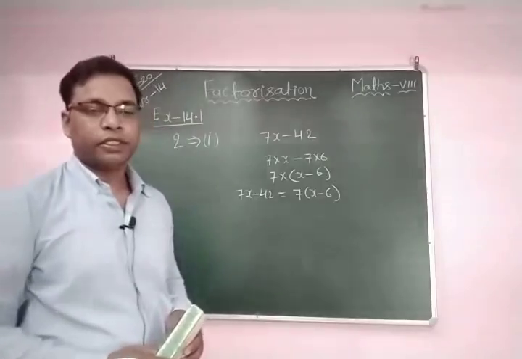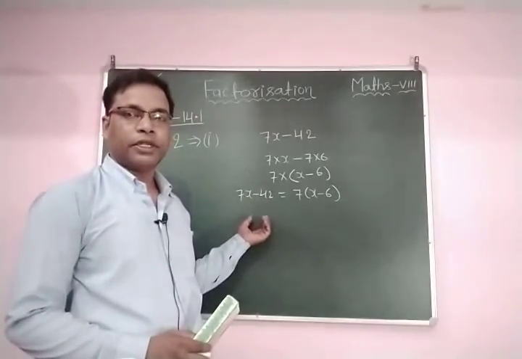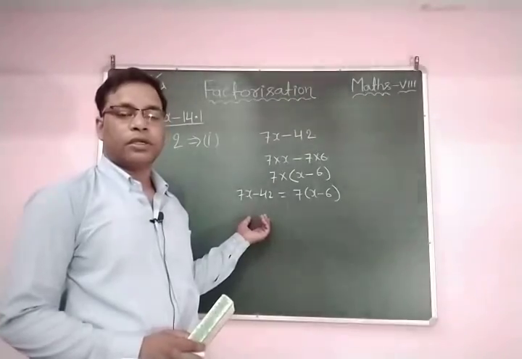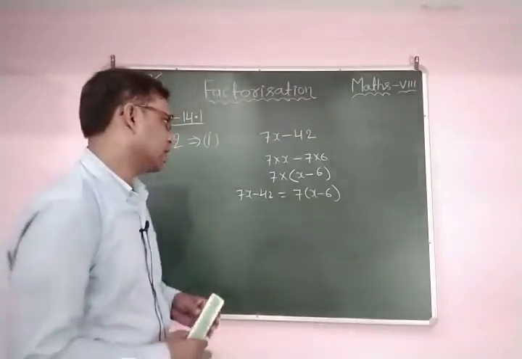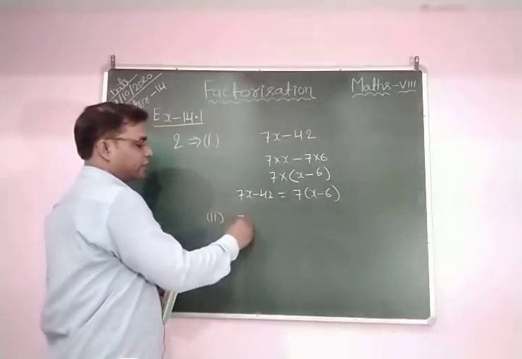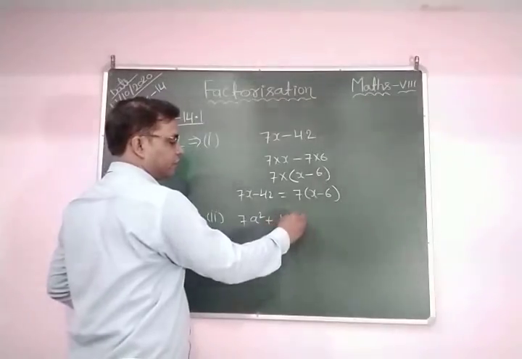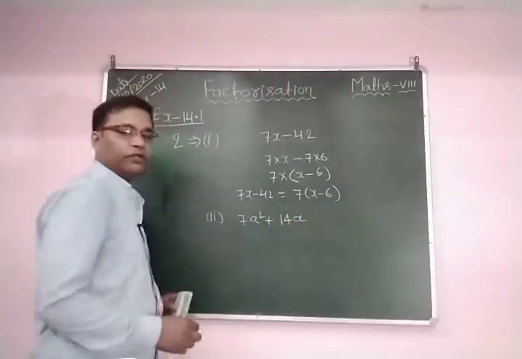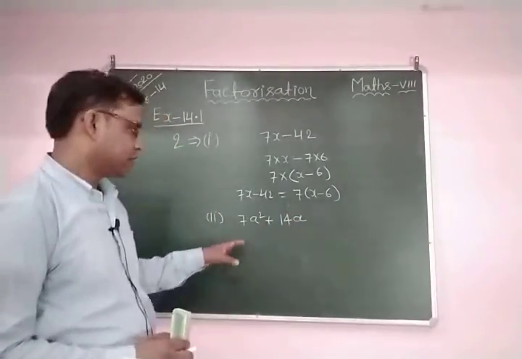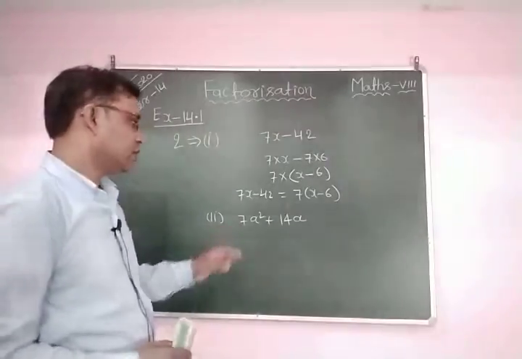Now the second part, 7a square plus 14a. We need to find its factors. How can we factorize this expression?